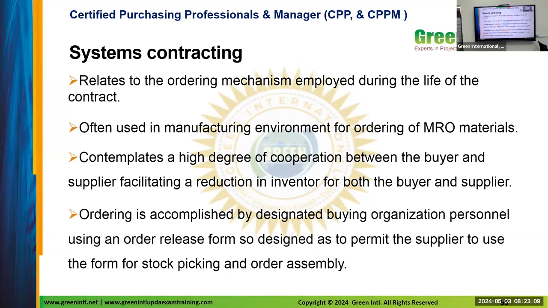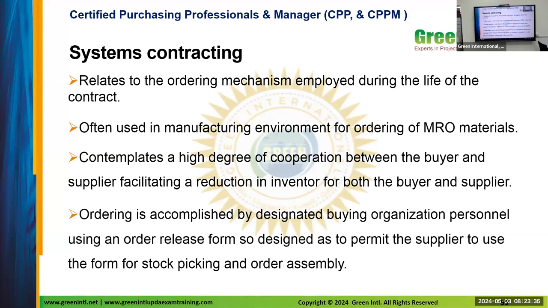It contemplates a high degree of cooperation between the buyer and the supplier, facilitating a reduction in inventory for both the buyer and the supplier. Ordering is accomplished by designated buying organization personnel using an order release form so designed as to permit the supplier to use the form for stock picking and order assembly.